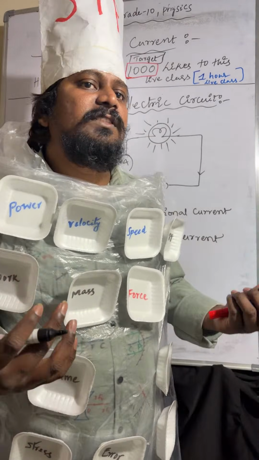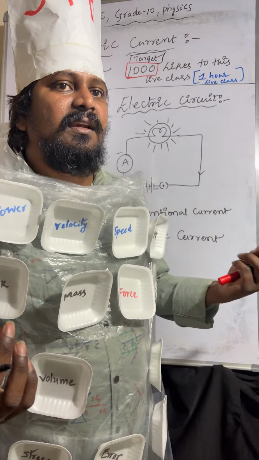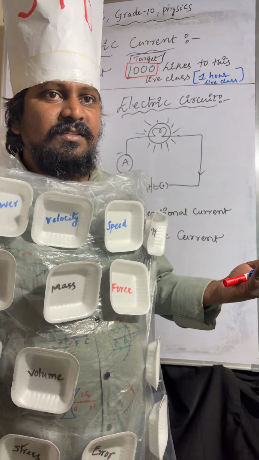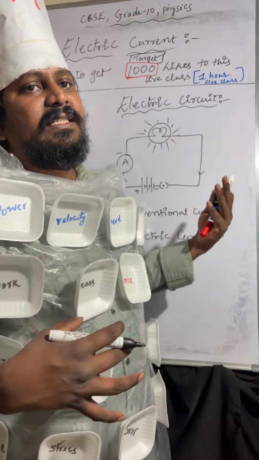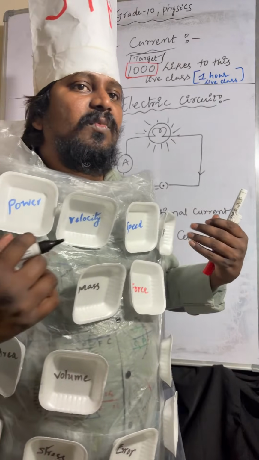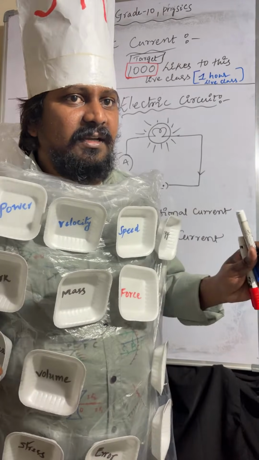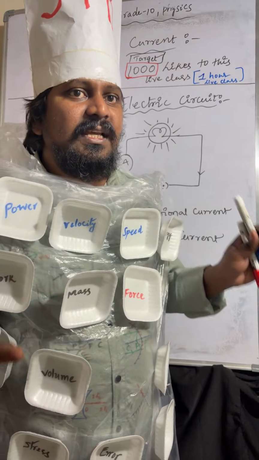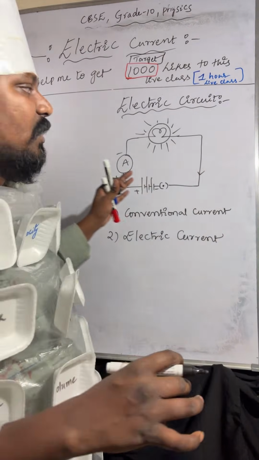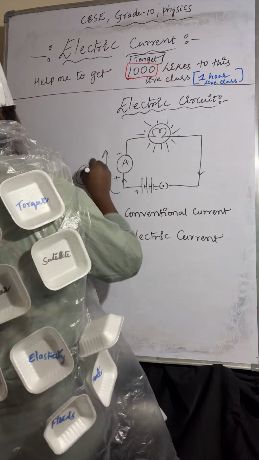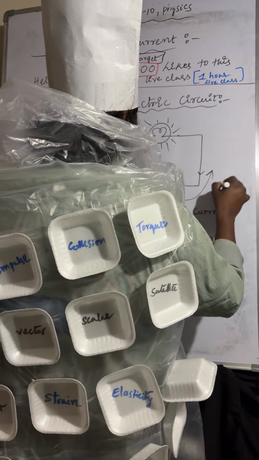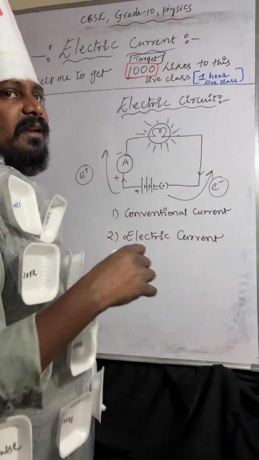The movement of positive charges we call conventional current, and the movement of electrons is known as electric current. So this is the flow of positive charges, and the flow of electrons will be considered as electric current.